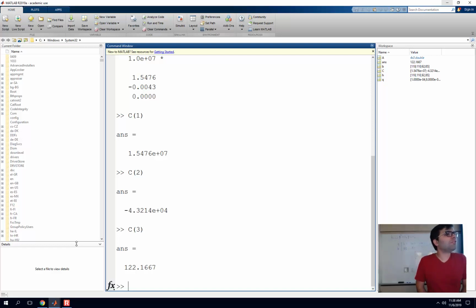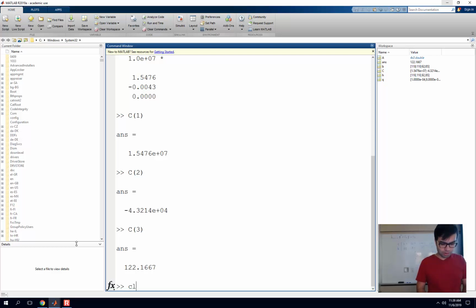What could be confusing, Nicole? Oh, I see. So instead of manually getting C1, C2, C3, I put C equal to A backslash B. In that case, the first element in C is my C1, the second element is C2, and the third element is C3.